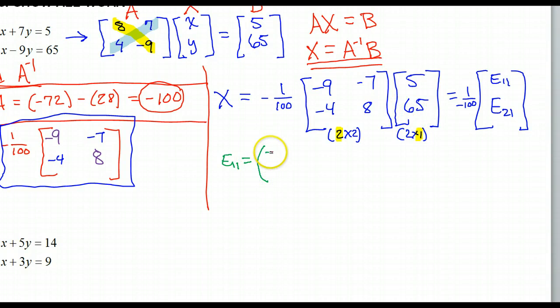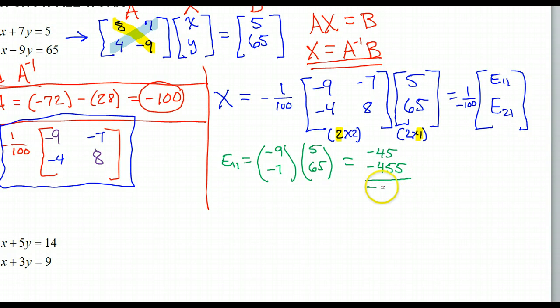So that is going to be negative 9 and negative 7, first row, times the 1 column, which is 5 and 65. If I multiply this together, that gives you negative 45 and negative 455. If you put these together, that gives you negative 500. That is our first element, which is going to go right here.